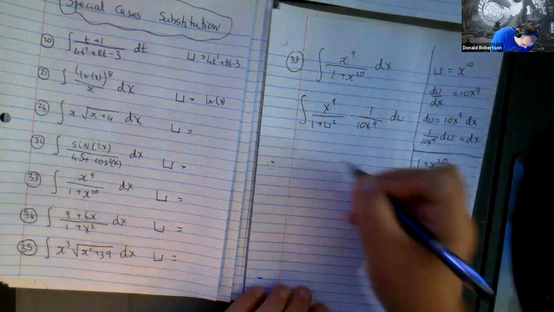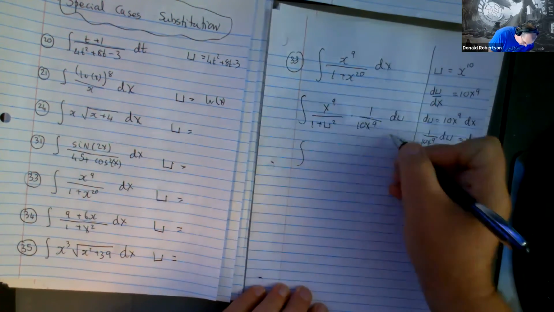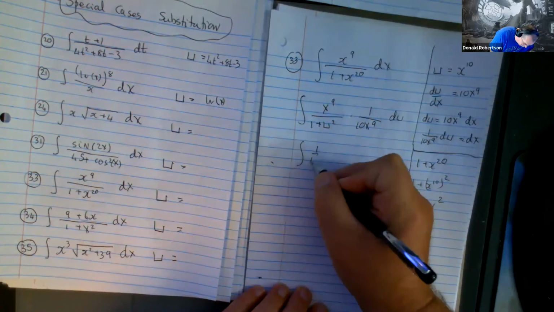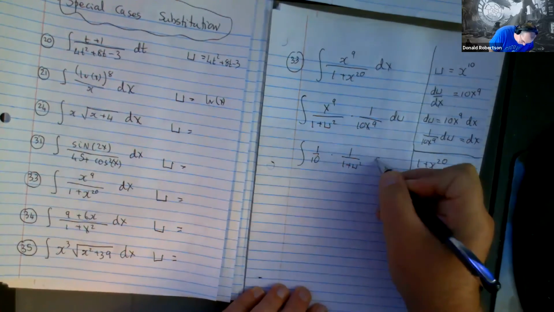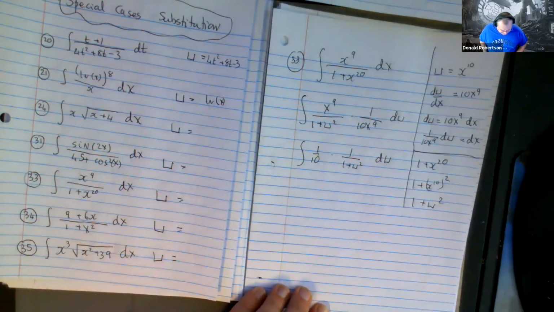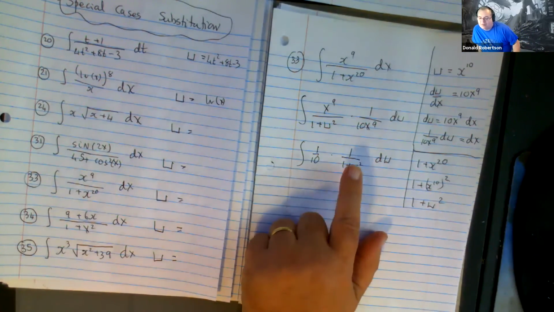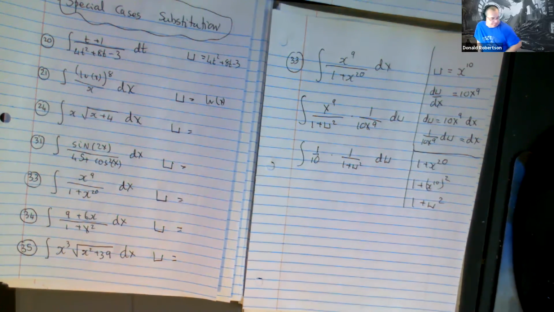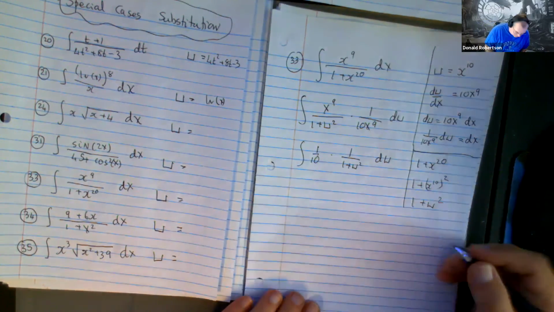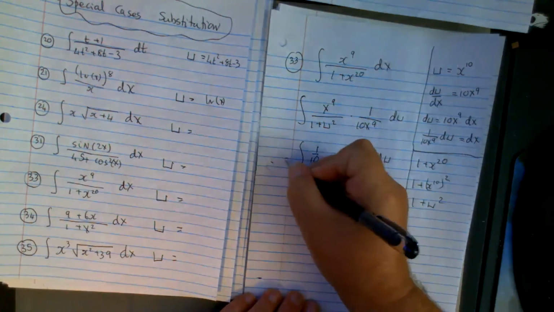Which means that we can now do our little cancel thing, and I'm going to call it 1/10 times 1 over 1 plus u squared du. Ah, I know what this fella is. What's the antiderivative of 1 over 1 plus u squared? It's one of the trigonometric ones, right?